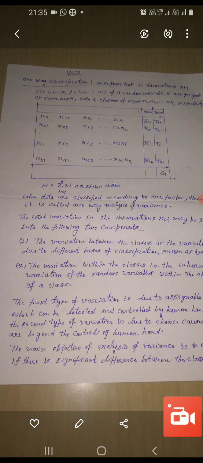And one more variation is the within class variation. That means BSc Part 1 students' marks variation or BSc Part 2 students' marks variation. So there are two types of variation: between variation and within variation.